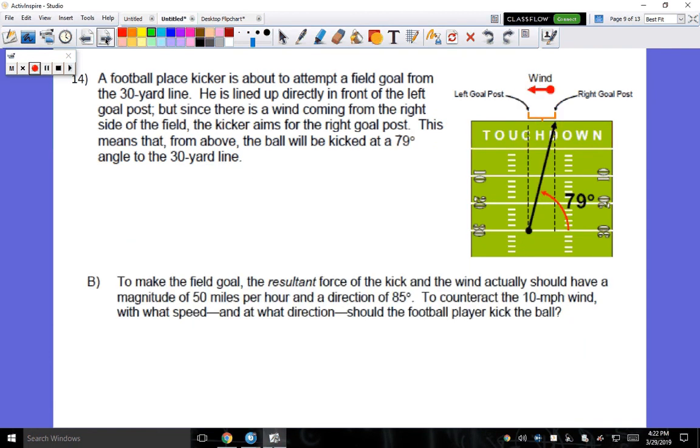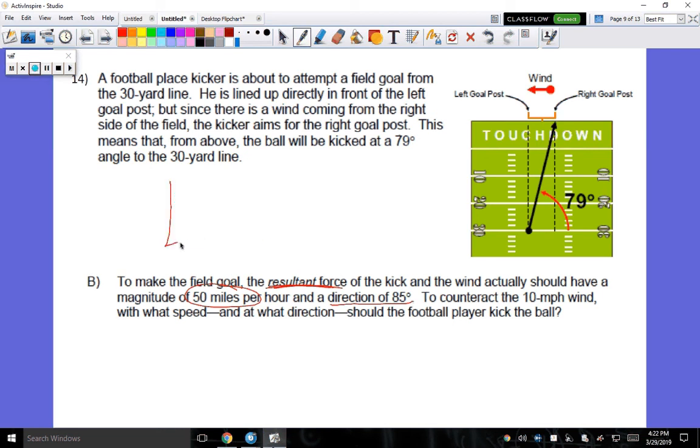Let's look at B. To make the field goal, the resultant force of the kick and the wind actually should have a magnitude of 50 miles per hour. So we're saying the resultant must be with a magnitude of 50 miles an hour, and the direction is 85.